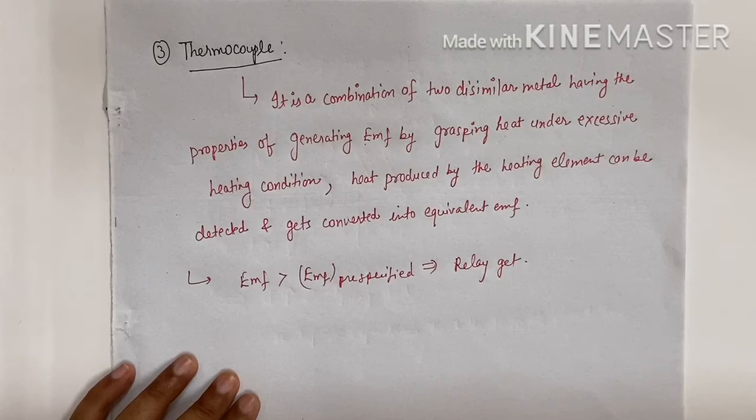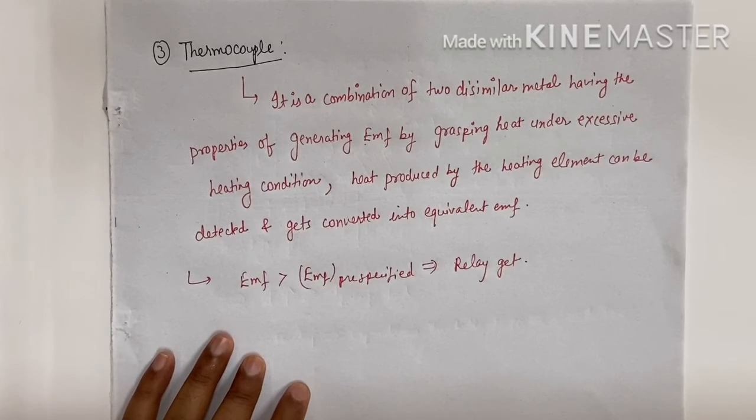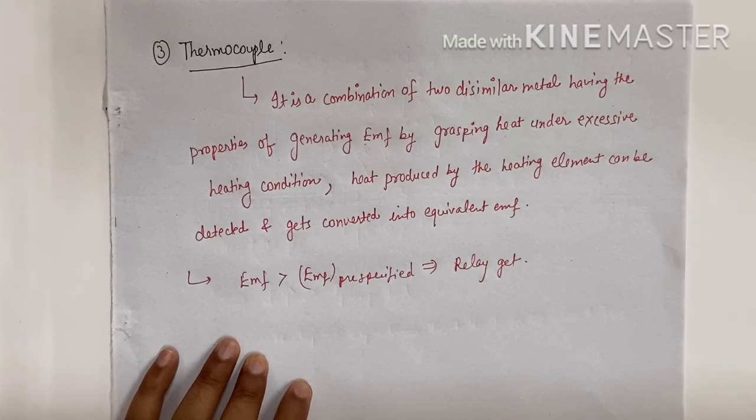So this is the working of the thermocouple relay: it is a combination of two dissimilar metals having the property of generating EMF. EMF will be generated by the heating, and when this EMF is greater than the pre-specified value, the relay gets operated.